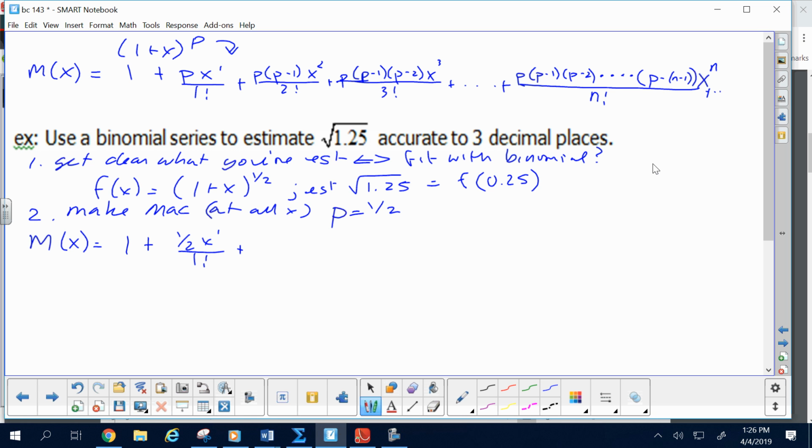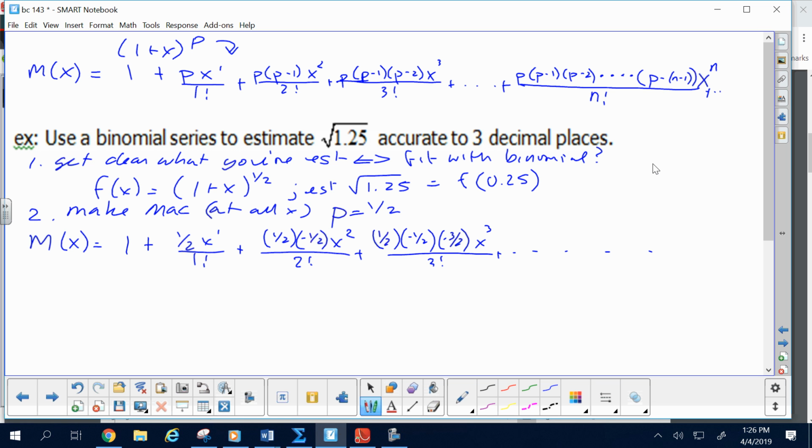The next is p times (p minus 1), which is 1/2 times negative 1/2, x squared over 2 factorial. The next term is 1/2 times negative 1/2 times negative 3/2, x cubed over 3 factorial.